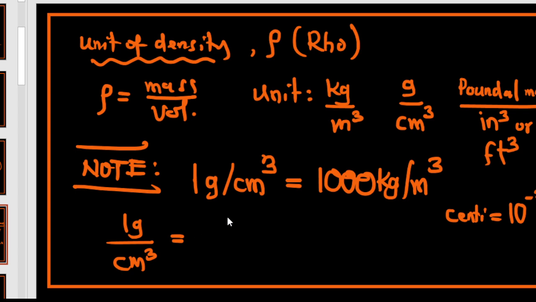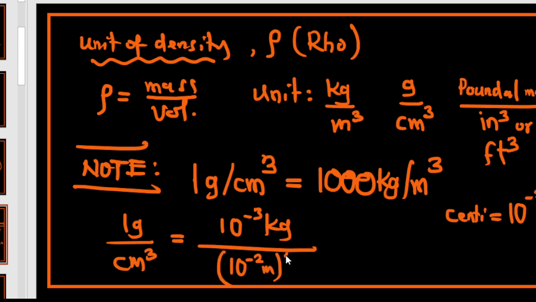So it simply means that for this to be a kilogram, it is going to be 10 raised to the power of minus 3 of a kilogram. Kilo means 10 raised to 3. So I've just replaced the gram by 10 raised to the power of minus 3 of a kilogram divided by, like I said, the word centi means 10 raised to minus 2. So we have 10 raised to the power of minus 2 meter all in a cube.